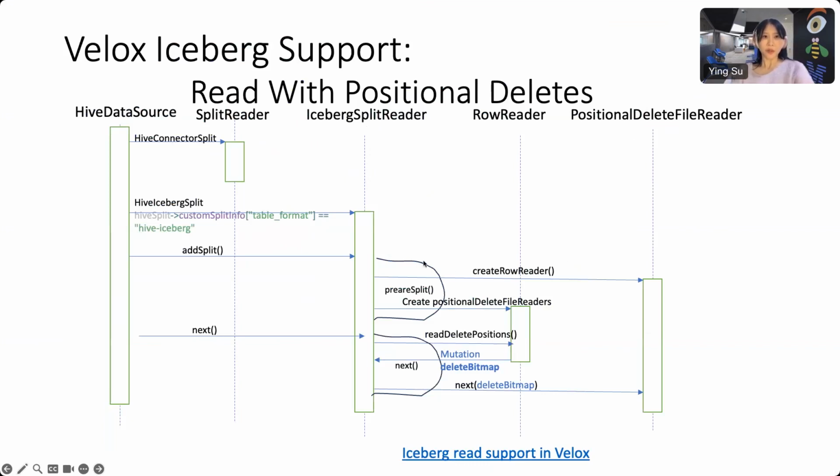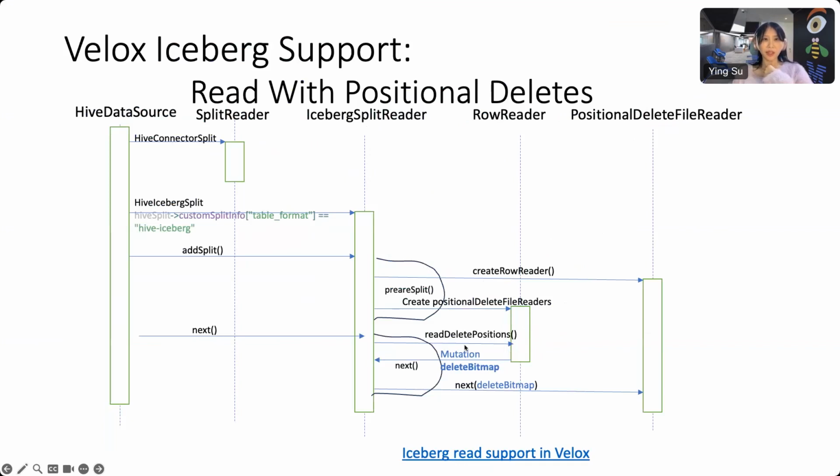There are two very important functions. One is prepare split, in which the split reader would create the reader and the row reader. And then for positional deletes, it will create the positional delete file readers and call the read delete positions on these positional delete file readers. Oh, sorry, this should be reversed. This should be a positional delete file reader, and this one is the row reader.